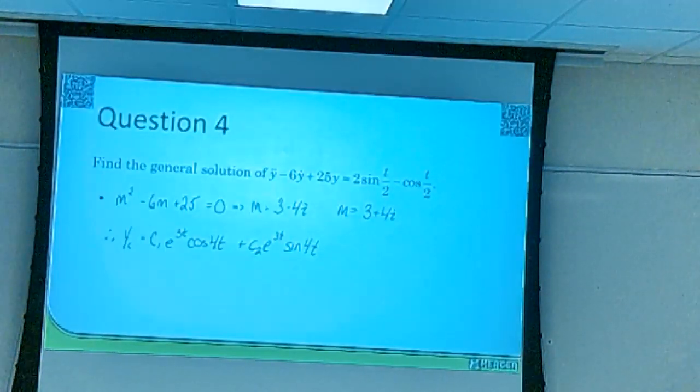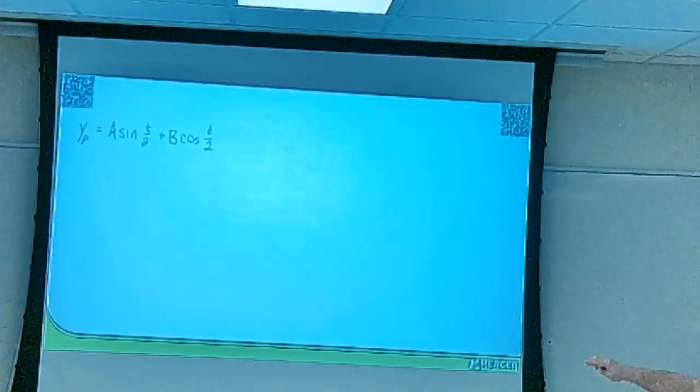I have a sine of t over 2, right? And a cosine of t over 2. That would be our form. Look at that form.